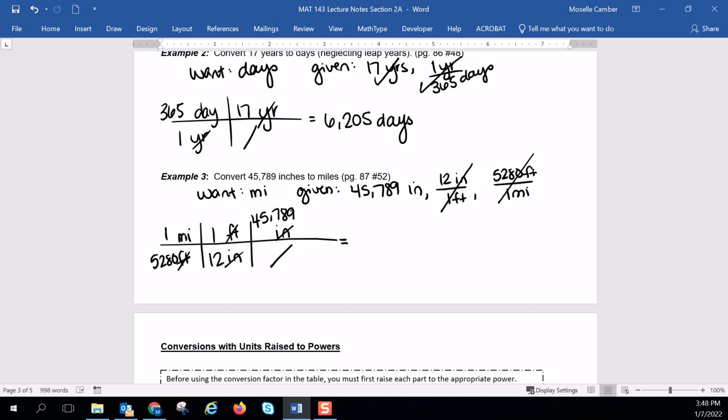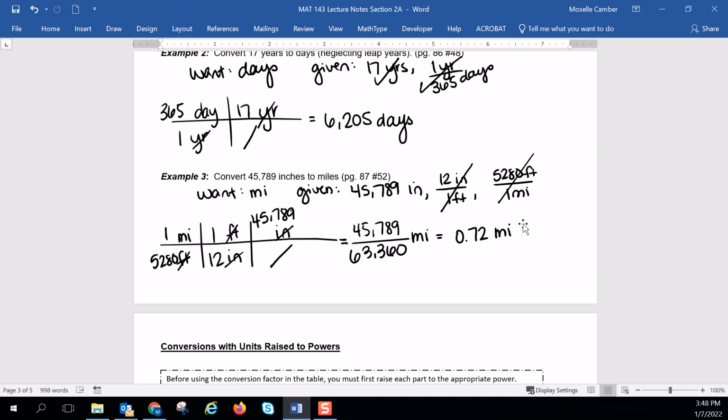So I multiply everything across. 1 times 1 times 45,789, and then 5,280 times 12, which I didn't write out for some reason. 5,280 times 12, and we get 63,360. And then if we actually do that division, then we get 0.72 miles.